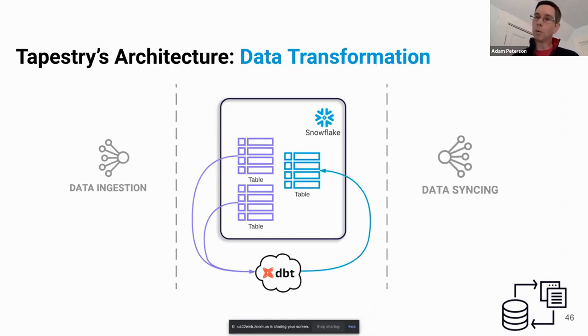Other transformations you might want to perform include changing column names and copying only the particular fields over from one table into a new table. And since DBT has its own cloud version, Tapestry doesn't need to provision any resources for it. So we opted to go with the cloud version of DBT because of its ease of use and simple to understand UI.